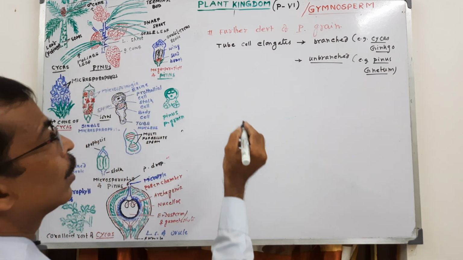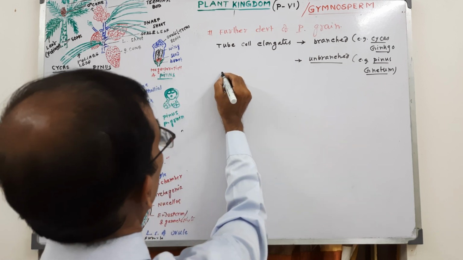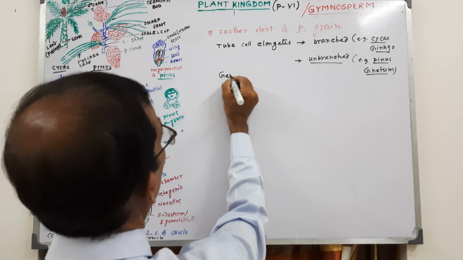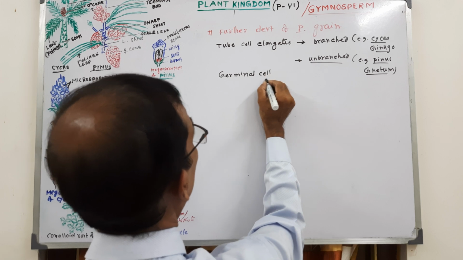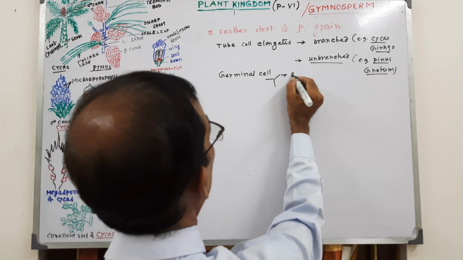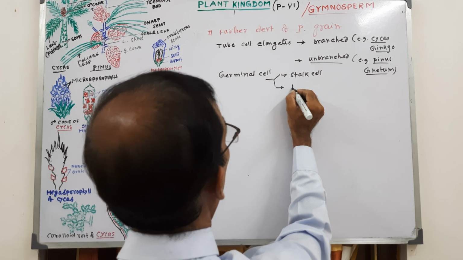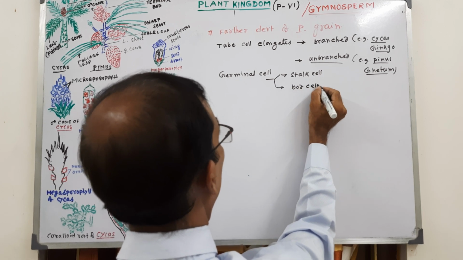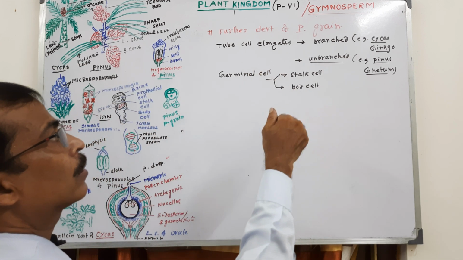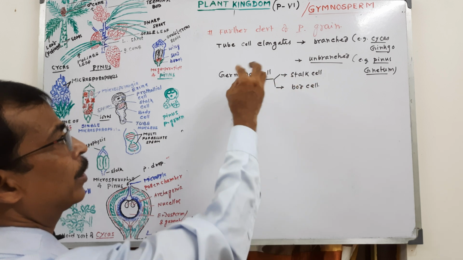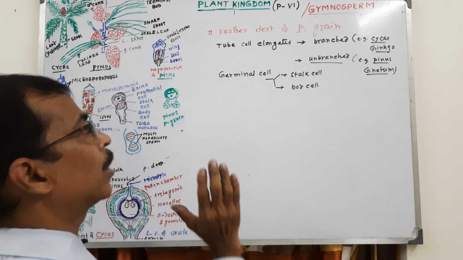In these pollen tubes, at the same time, the germinal cell divides mitotically into a stalk cell and a body cell. But in Gnetum, the germinative cell directly forms two non-motile gametes.